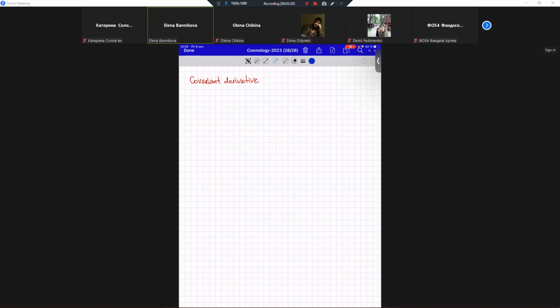Galileo coordinates, meaning flat space, means that g00 equals 1, and g alpha beta equals minus 1, where we have an agreement that when I use the Greek letters, alpha, beta, it means the index changes from 1 to 3.